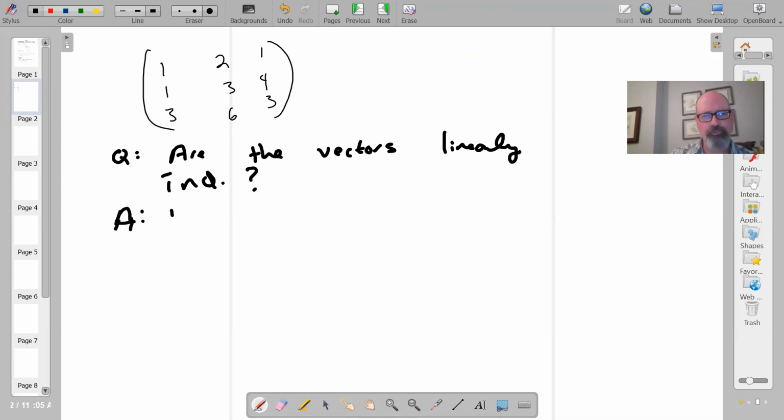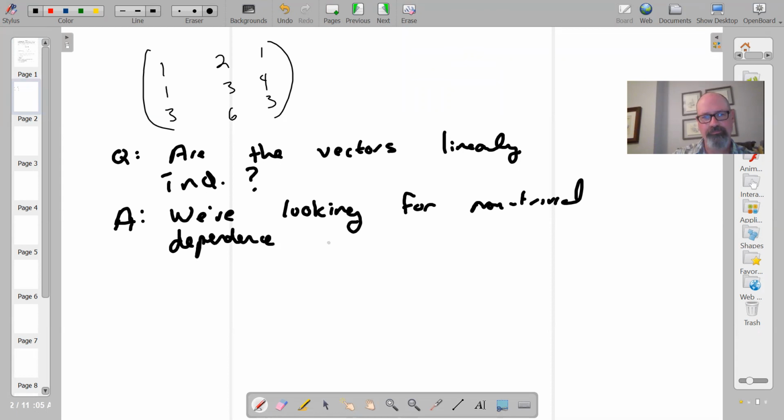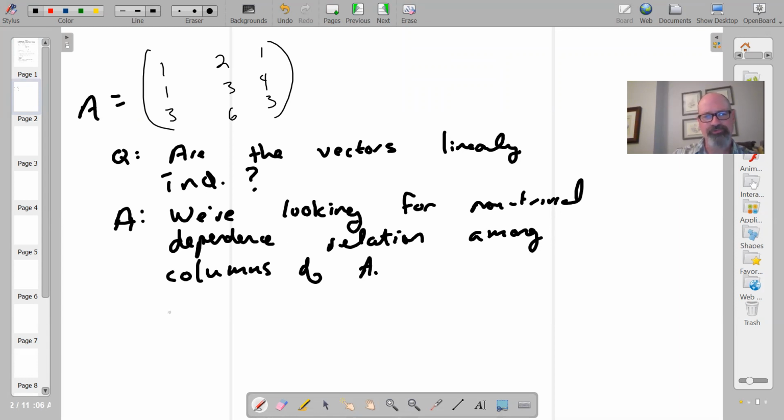To see this, we're looking for a non-trivial dependence relation among the columns of this matrix, let's call it A. The reason is that that's the definition of linear dependence.